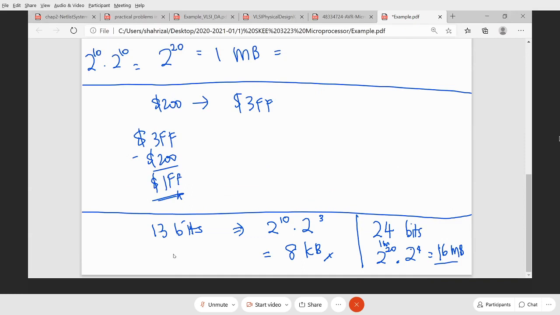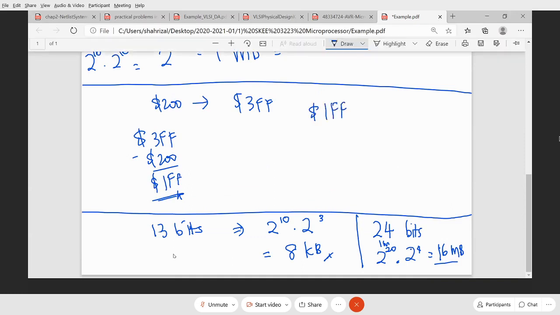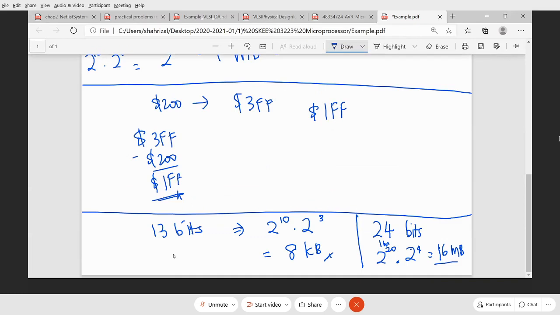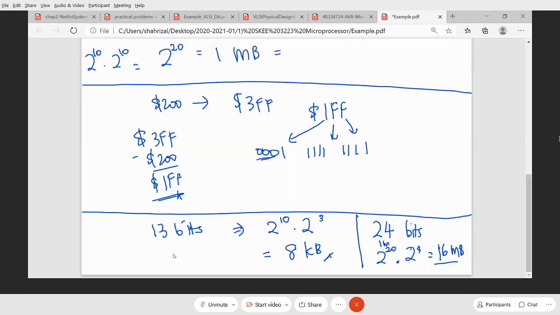So this 1FF is simply 0001 1111 1111. Understand? So how many bits do you actually utilize? You exclude this one, so you only utilize 1, 2, 3, 4, 5, 6, 7, 8, 9. So there are only 9 bits here.